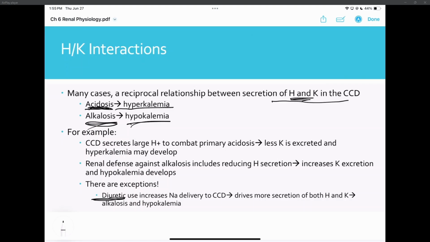When we have an increased sodium load going to the common collecting duct, we dump potassium and hydrogen, both go into the urine. So the only difference is secretion of both hydrogen and potassium. Normally it follows the other way. The only difference is when you have a diuretic.